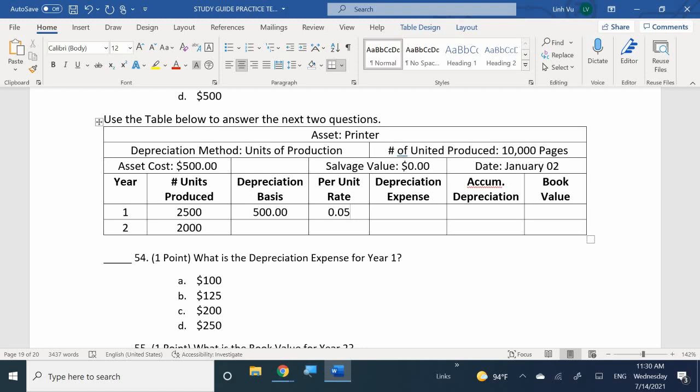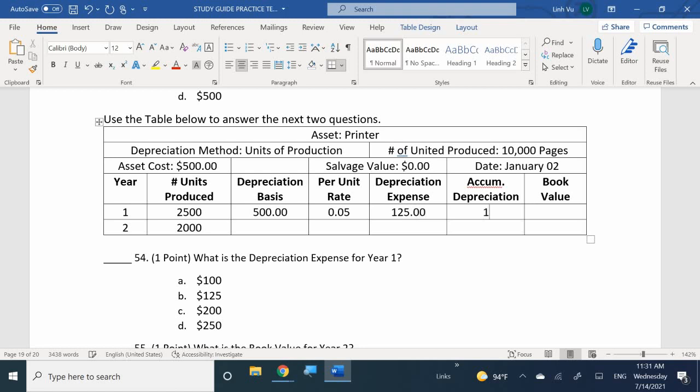Perfect. Okay. So then, what is going to be my depreciation expense for the first year? If I've printed a total of 2,500 pages for the first year, what's my depreciation expense going to be? 125.